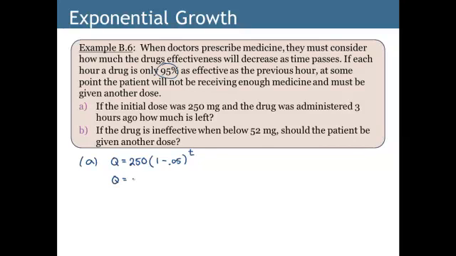Now notice if I simplify that, 0.95. Okay, and that's not a coincidence. That makes sense. If you're 95% as effective after an hour, there's 95% as much left. So that's what this equation is telling us. But I wanted to make sure we understood the proper R value.